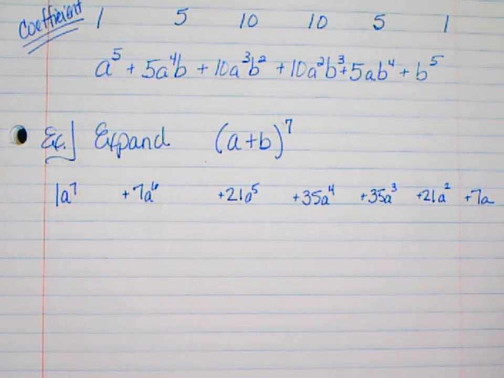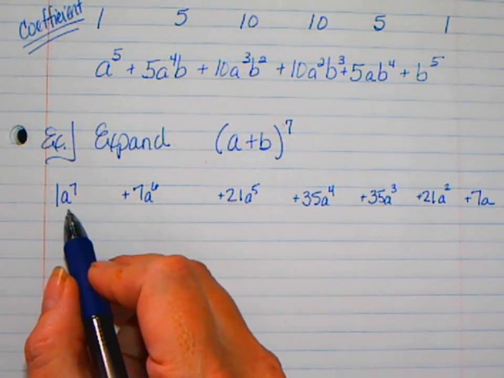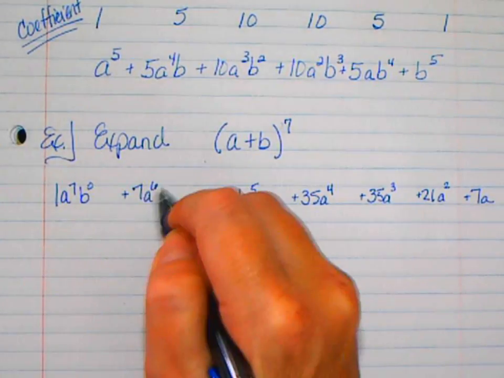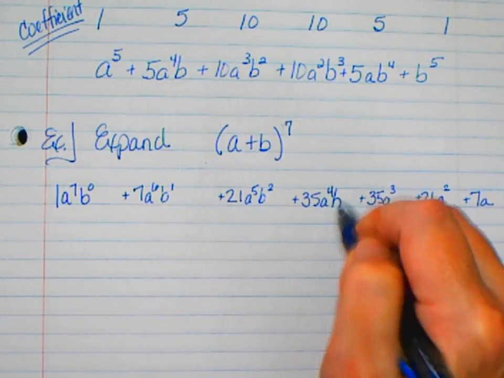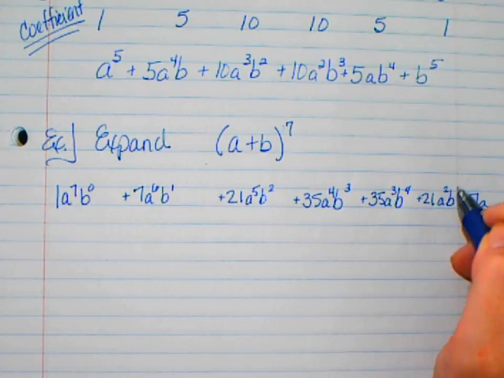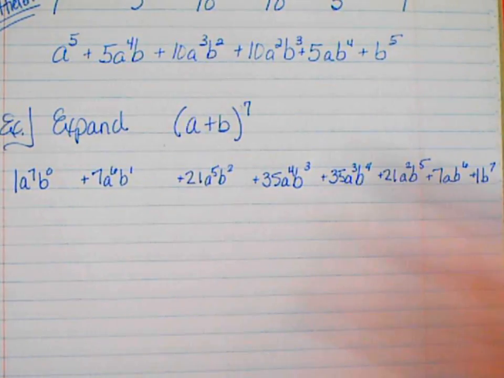I guess it's really not that hard to go straight to it. And then in my first term, B would be B to the 0, and then B to the first, B squared, B cubed, B to the 4th, B to the 5th, B to the 6th, B to the 7th. And I pretty much cleaned it up as I went, but not perfectly, so I'll just rewrite it.